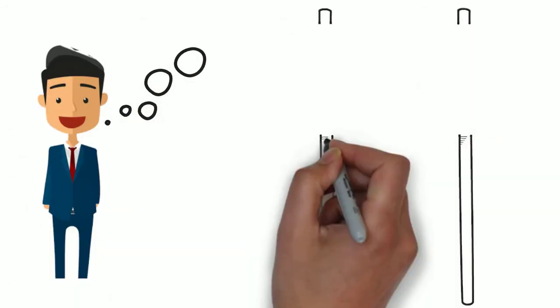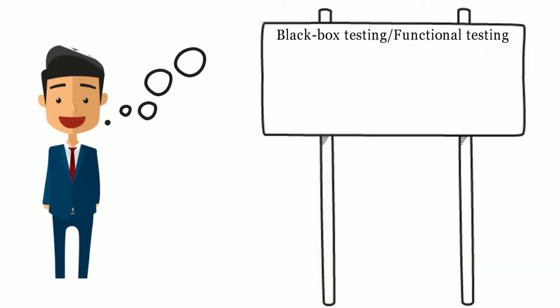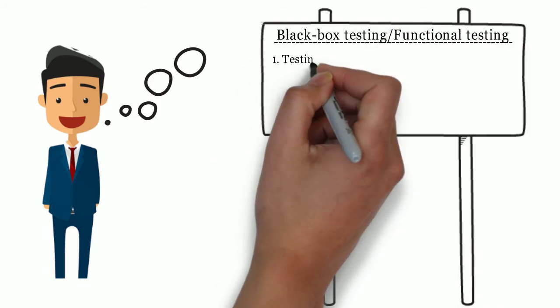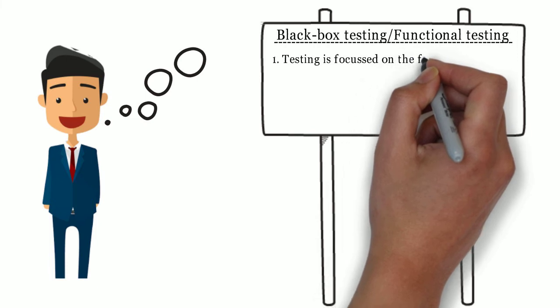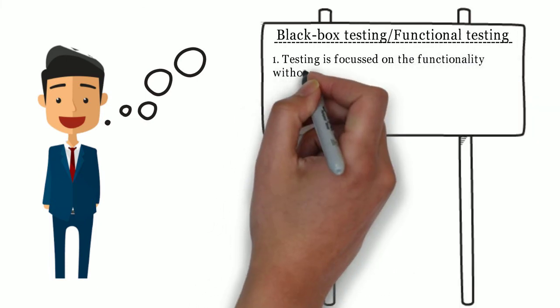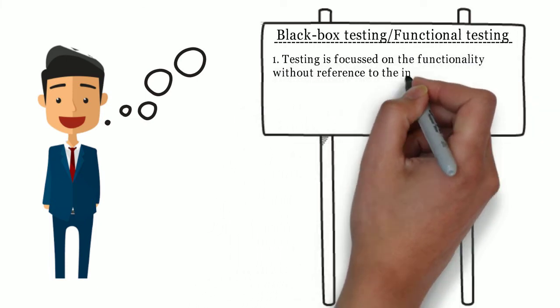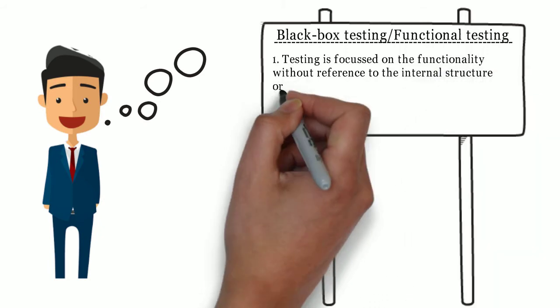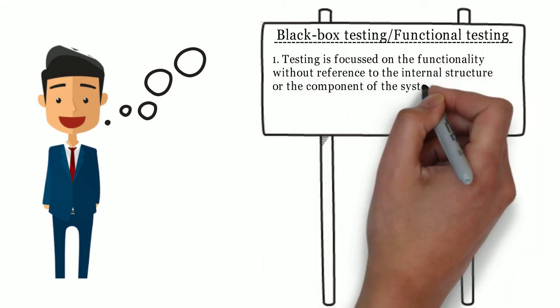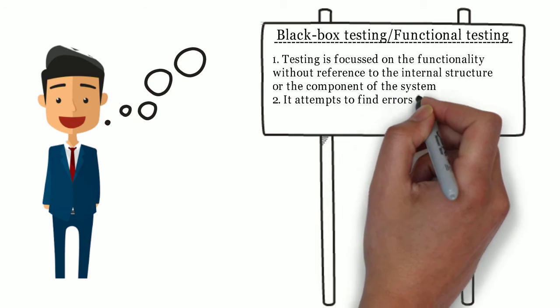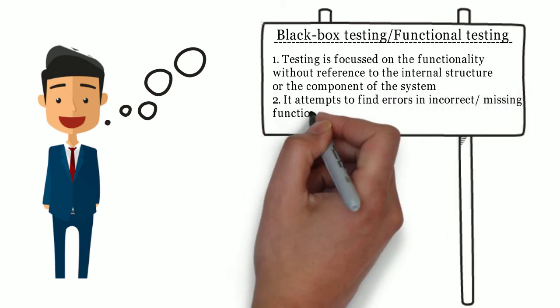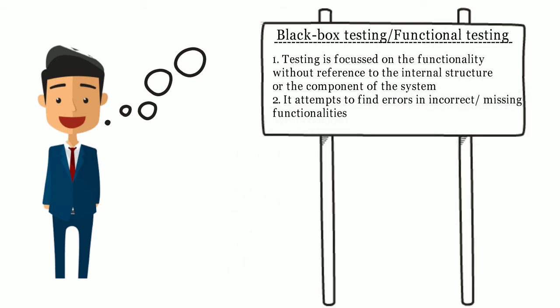The first test type is black box testing or functional testing. Here it's not required for the testers to know the internal details or coding details of the system. Testing is mainly focused on the functionality without reference to any internal structure or components of the system. The functionalities which are implemented in the system would be verified against the requirements.